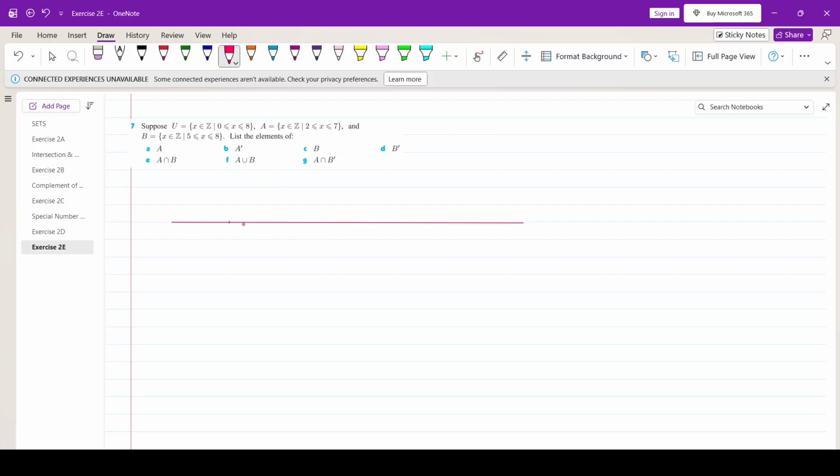And we have different points. So the key points are 0, 8, 2, 7, 5 and 8. So let's start with -1, 0, 1, 2, 3, 4, 5, 6, 7, 8, 9, 10 and 11. This is X. Now we have U in this color, that is universal set, which is all integers between 0 and 8.